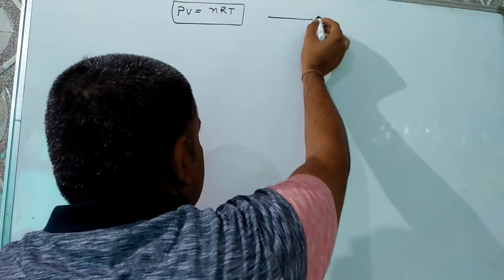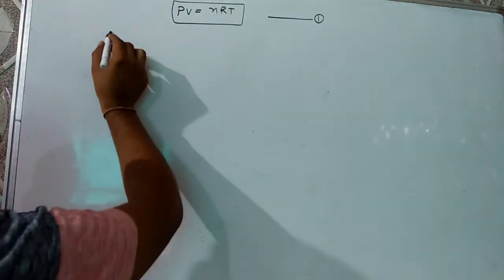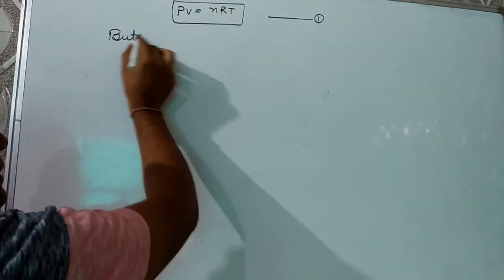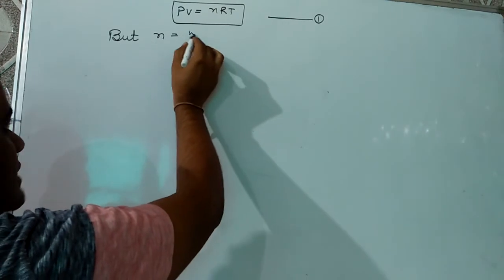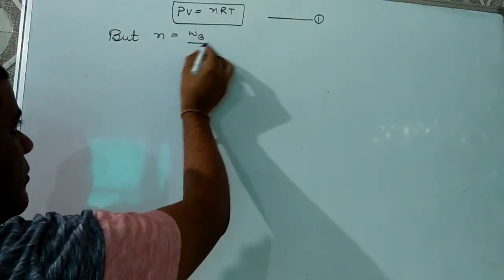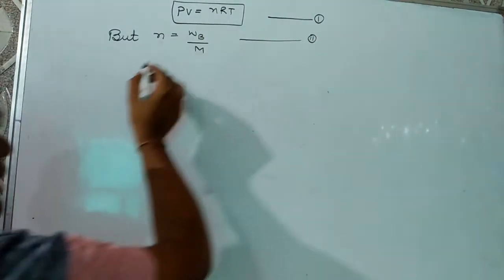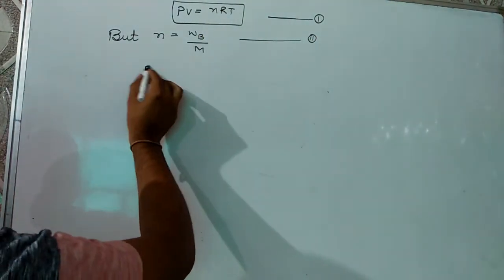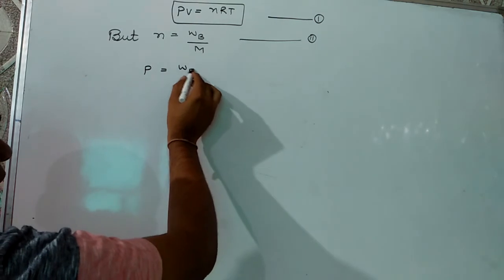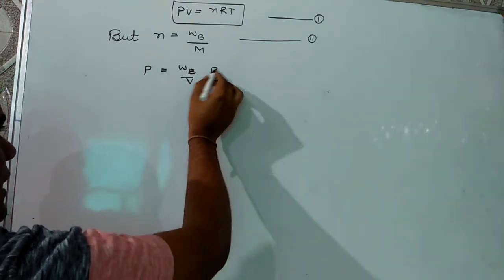This is equation first. But the number of moles is equal to the weight of the substance upon molecular weight. That is equation second. Putting this value here, we will get PV is equal to W upon M into RT.